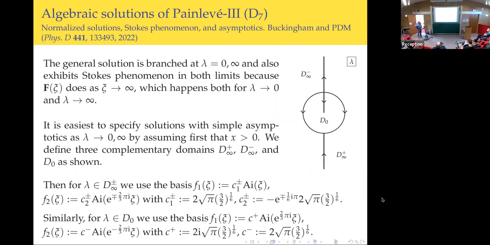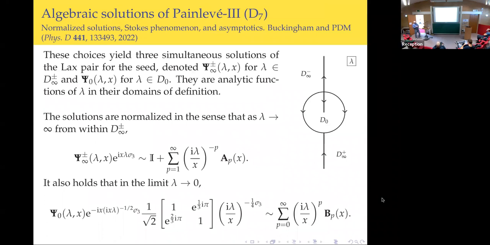Whereas inside of the interior domain here, we use just the rotated versions in two opposite directions without the Ai. But anyway, you use what you need to use to have some simple asymptotics near those points. So let me show you what these simple asymptotics are that you get.